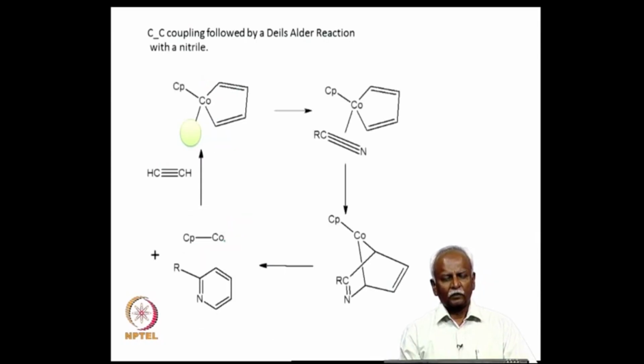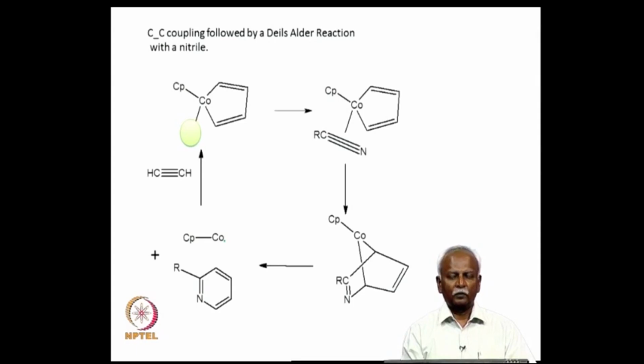So, the same reaction could have happened with an acetylene. It could have also happened with the nitrile species. So, if you want to use a nitrile, then you could carry out the reaction in such a way that you end up with a pyridine.